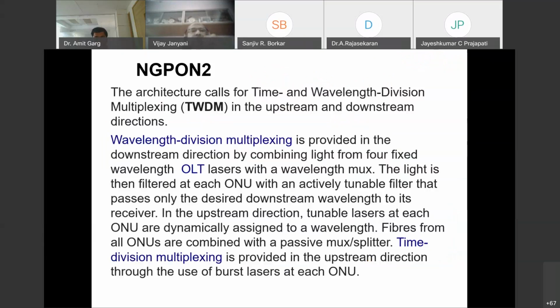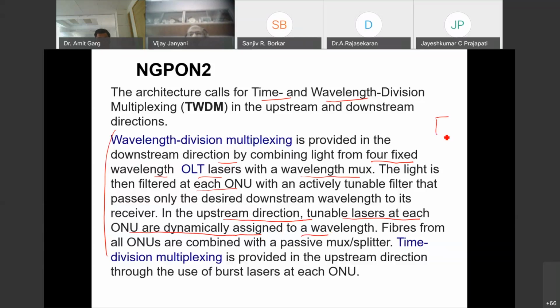So how are WDM and time division used in NG-PON2? Wavelength division multiplexing is provided in the downstream direction, because you have 4 OLT lasers with a wavelength multiplexer, and the light is then filtered at each ONU, as I told you earlier. In the upstream direction, tunable lasers at each ONU are assigned a wavelength.